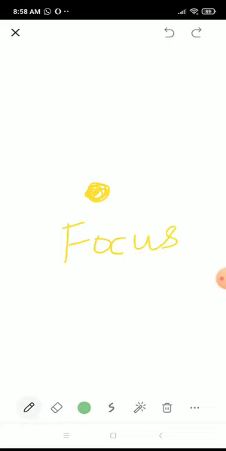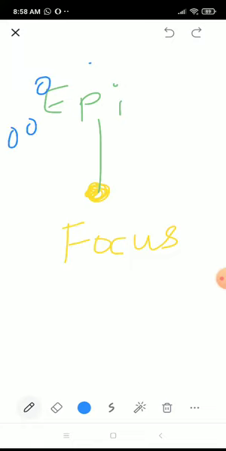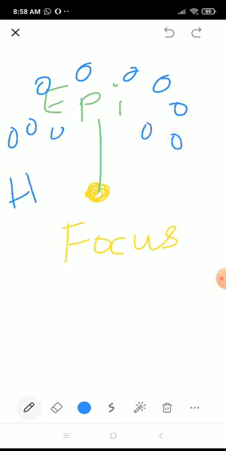The place exactly on the surface of the earth, the exact topmost surface where the vibration is maximum, is known as epicenter, and the other surrounding places where a small amount of vibration is felt are known as hypocenter. Are these three words very clear to all of you?